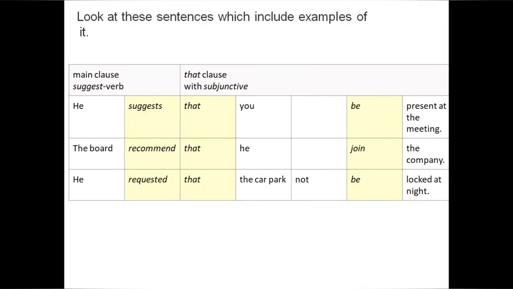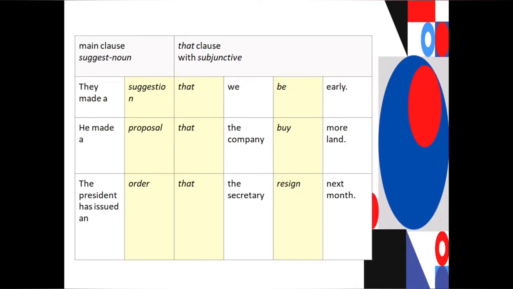Example: he suggests that you be present at the meeting. The board recommends that he join the company. He requested that the car park not be locked at night. All right. They made a suggestion that we be early.